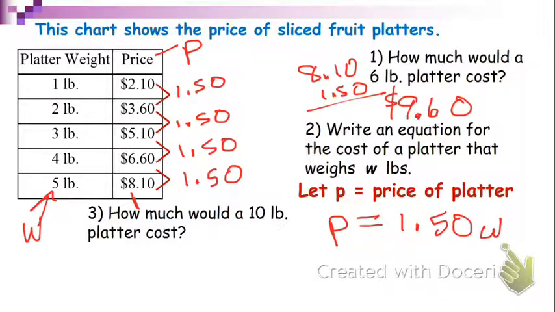But we have to check this, because if we have 0, of course it's going to be 0 price. But if I put 1, I have $1.50, and that's not right either.